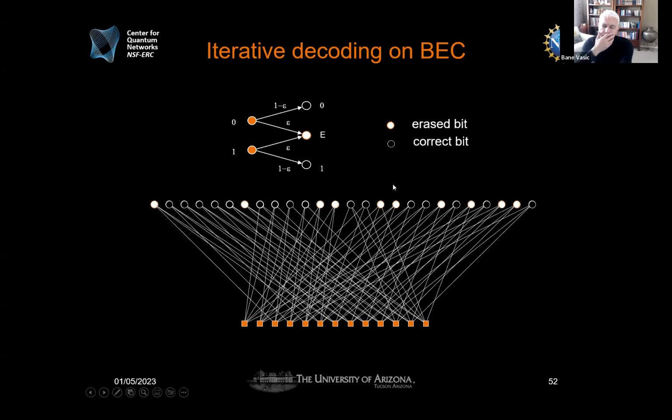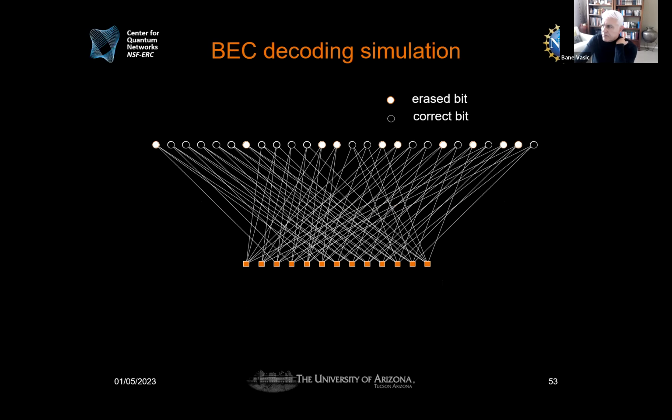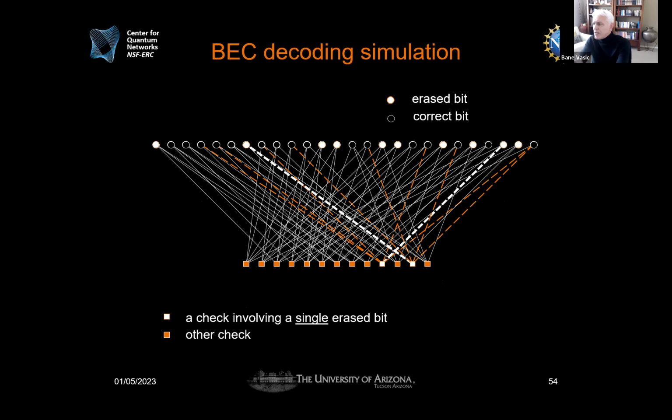So now I want to define some simple algorithm of recovering these erased bits. Remember, if a bit is involved in a parity check equation, and in this parity check equation this erased bit is the only erased bit, it can be recovered from the rest of the correct bits. So that's the basic principle. So what I'll do is try to recover these bits in a recursive way, iteratively.